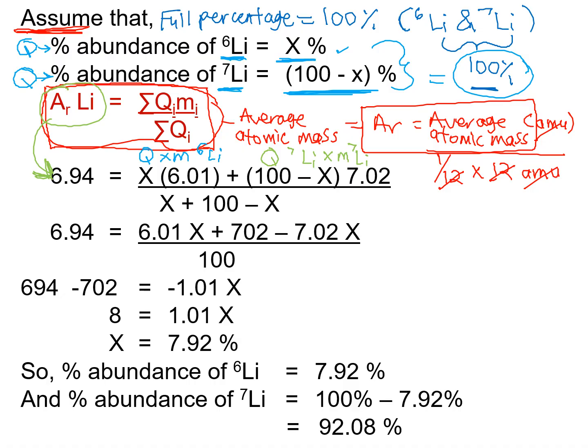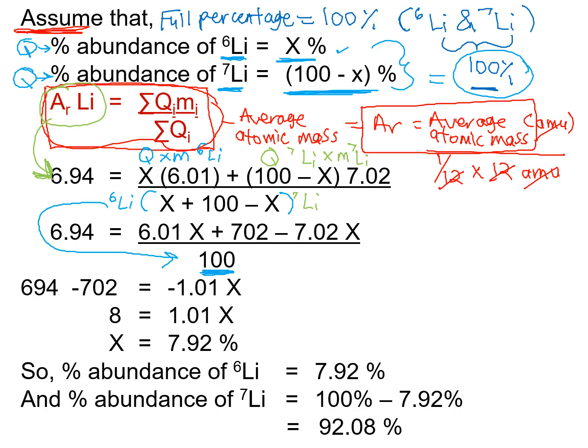And you tengok kat sini, ni adalah summation untuk total percentage abundance for 6Li dan juga 7Li. Okay. So you nampak kan kat sini to sum it all, you tahu dia punya total Q dia adalah 100.